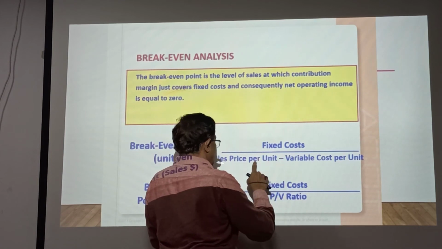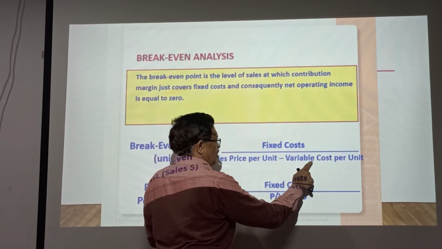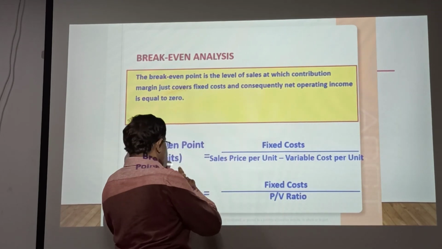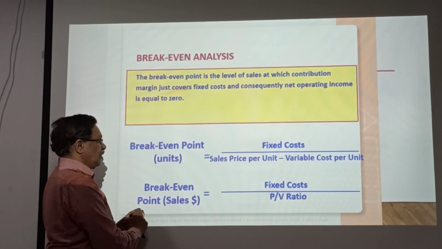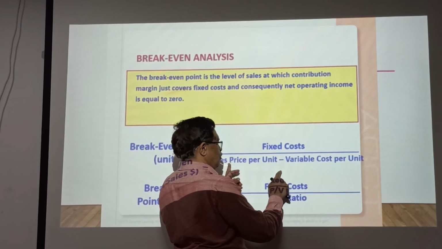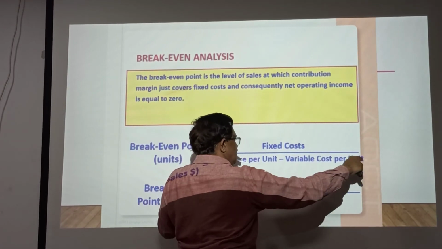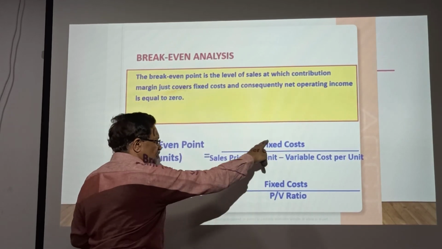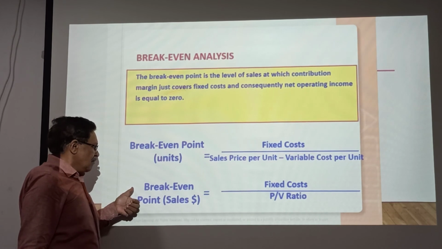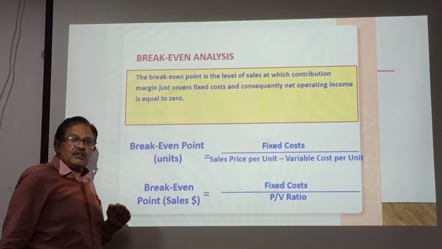So the fixed cost divided by the PV ratio gives us the value, which is nothing but the break-even point in sales value.